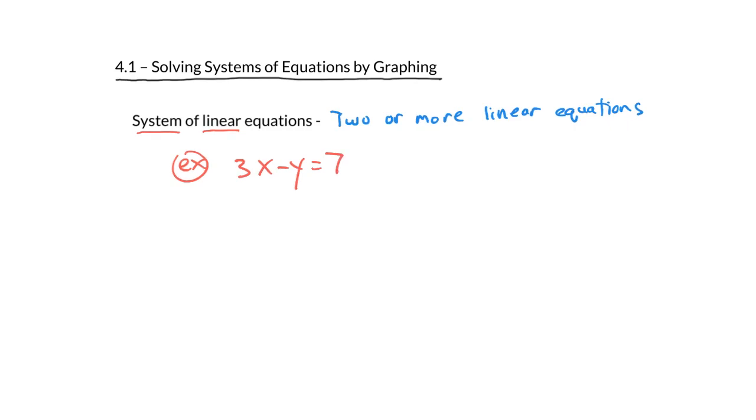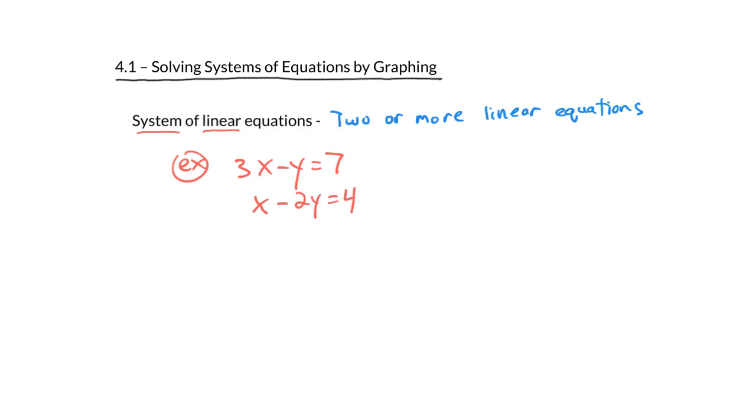And earlier when we were working with formulas, we would solve an equation like this, for instance, for y. And if we solve this for y, this would be an equation of a line in slope intercept form, if you remember those from the early days of this class. But for the system, we need more than just one equation, so then we have another equation that is associated with this equation.